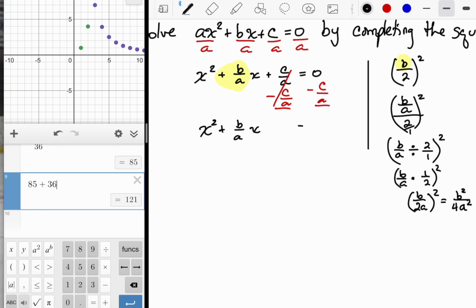You can do them down the line a little bit as long as you do them. You have to divide out the a term, and you have to do that before you do all this work. But the c term, you can do that really at any point. So I'm going to add the b squared over 4a squared to both sides.